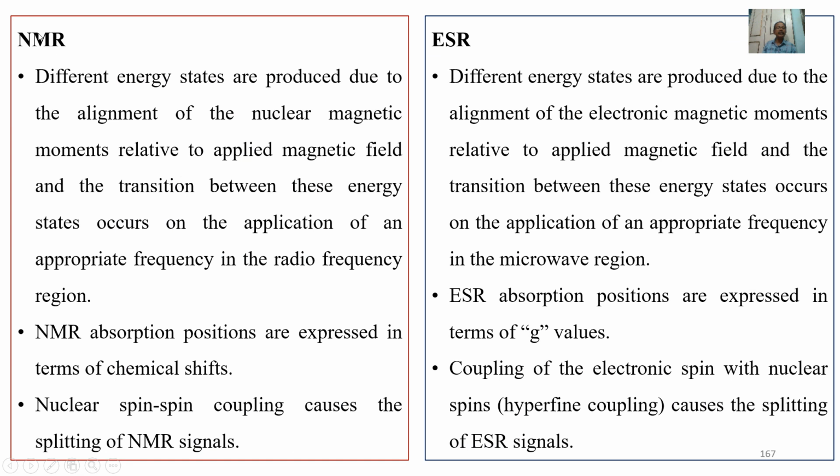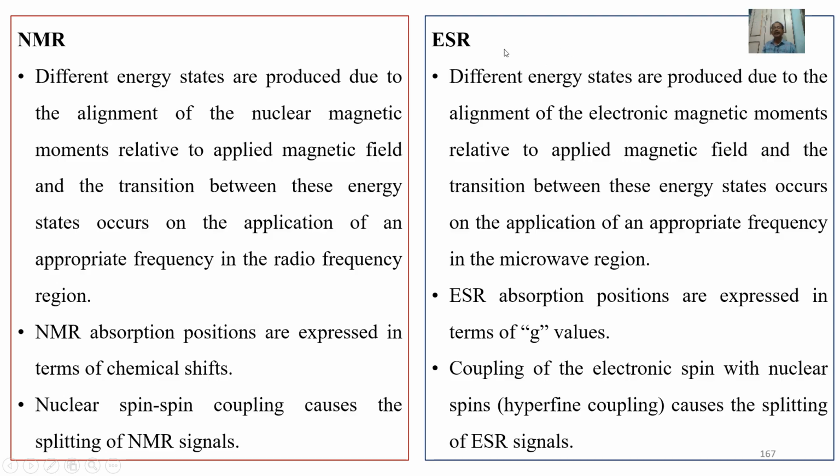In NMR, different energy states are produced due to the alignment of the nuclear magnetic moments relative to the applied magnetic field, and the transition between these energy states occurs on the application of an appropriate frequency in the radio frequency region. NMR absorption positions are expressed in terms of chemical shifts. Nuclear spin-spin coupling causes the splitting of NMR signals.